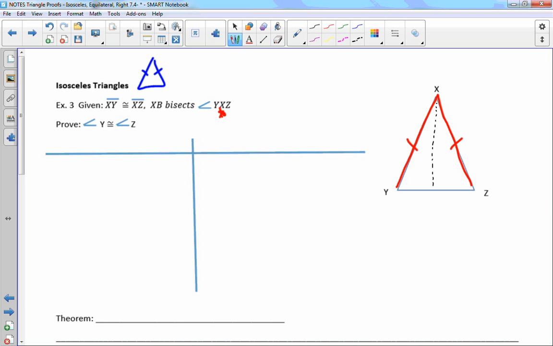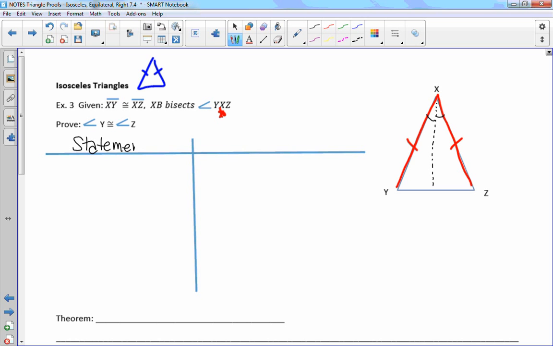What does that tell me about this angle and this angle? They're congruent, because we just cut it in half. So we're trying to prove that these bottom angles, Y and Z, are congruent as well. So this way, the information that was given in our two-column proof, and then another thing you just discovered that wasn't in the given, we're going to write that in our proof.